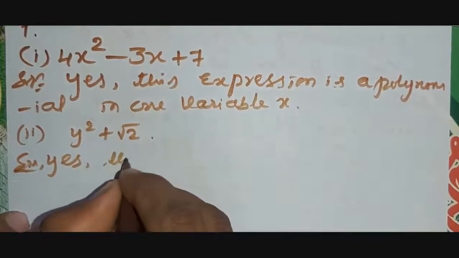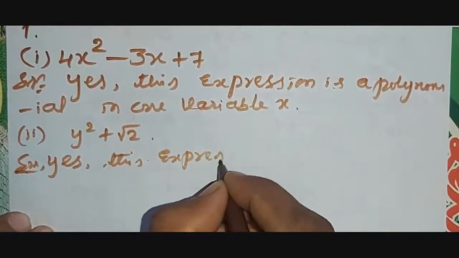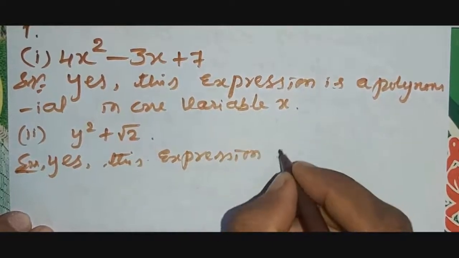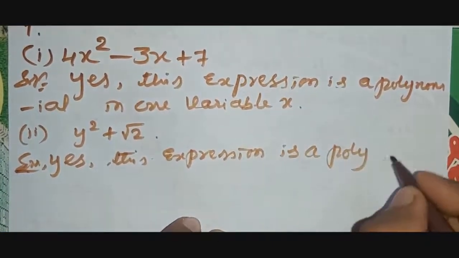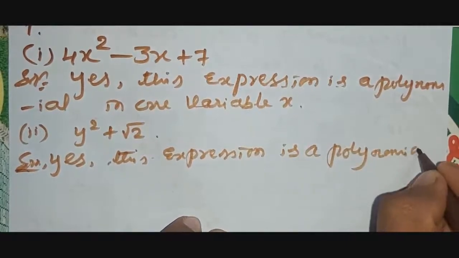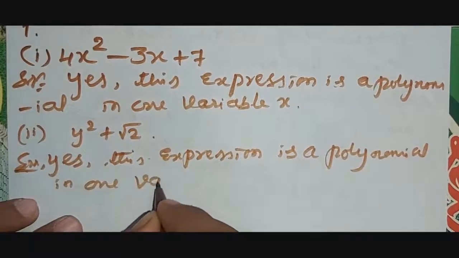This expression is a polynomial in one variable x. The second one, y square plus root 2, this is also yes. This expression is a polynomial in one variable.